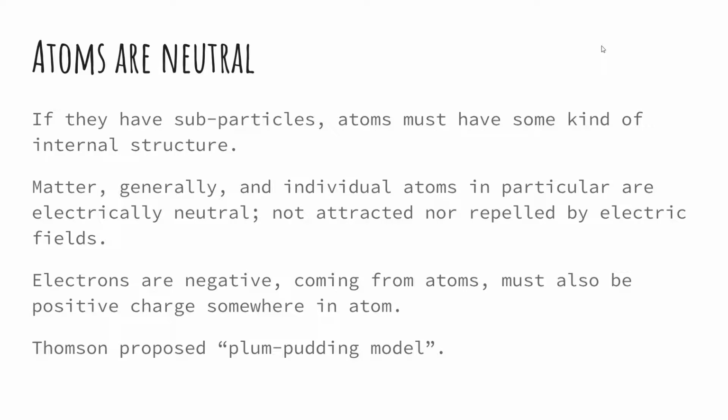If electrons are negative, and they're coming out of the atoms, then the atom must have a positive charge as well, in order for it to be electrically neutral overall. And there must be some sort of structure, some way the atom is made up, where these positive and negative charges are arranged.